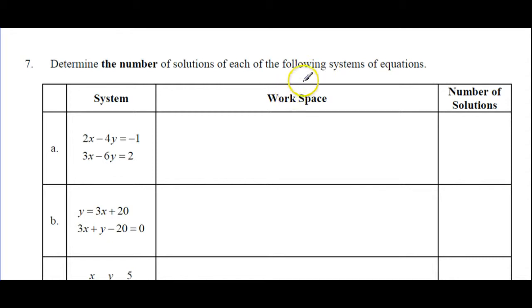Determine the number of solutions. So determine, show some work here. So let's take that first one. It's going to be 4y is equal to 2x plus 1. Y is 2/4 x plus 1/4. Y is 1/2 x plus 1/4. And let's take this.